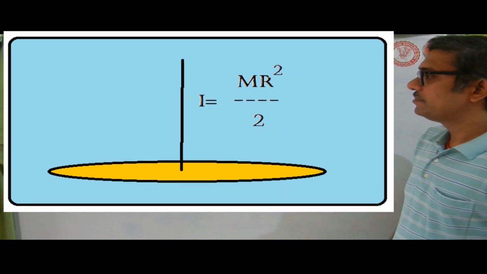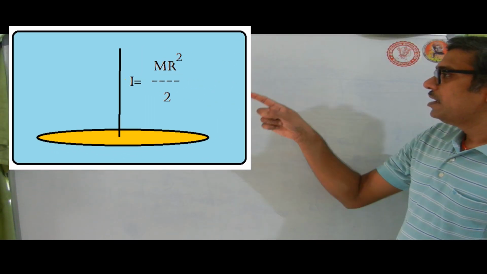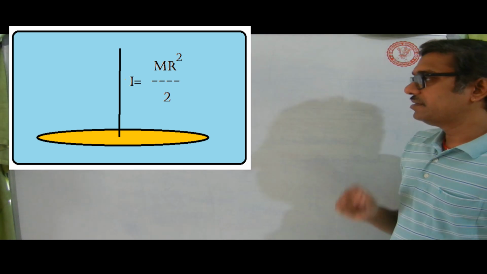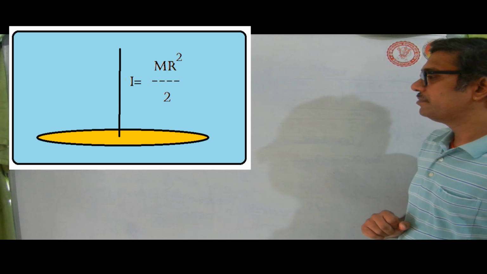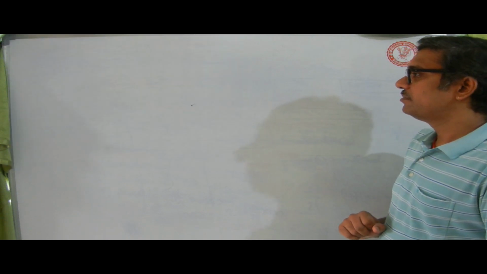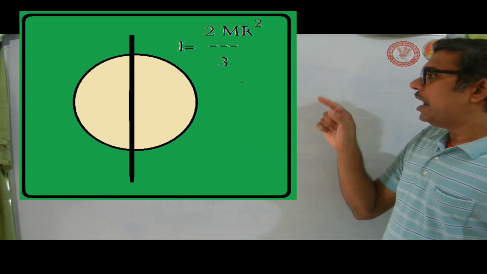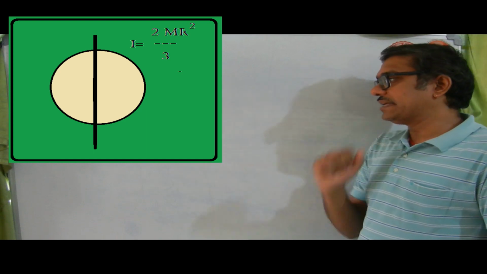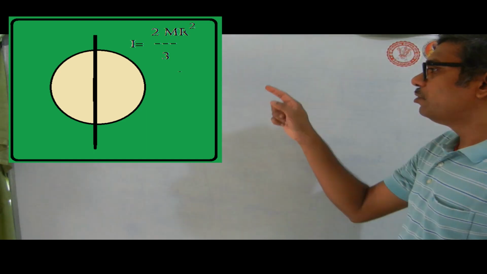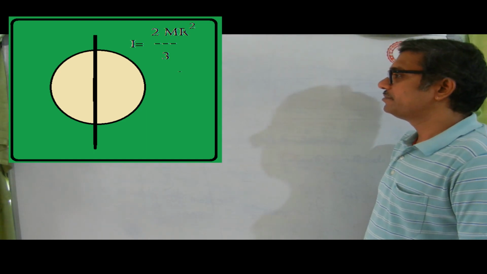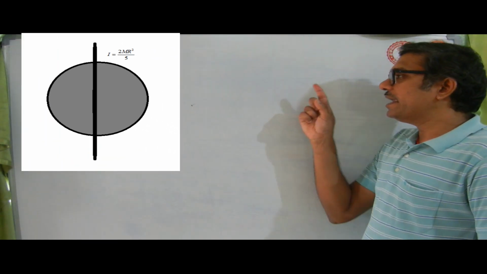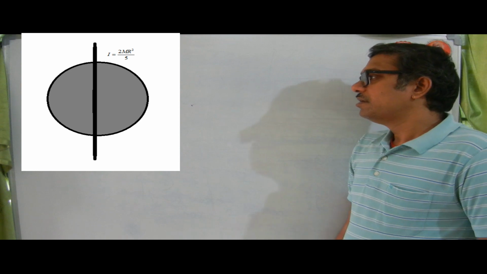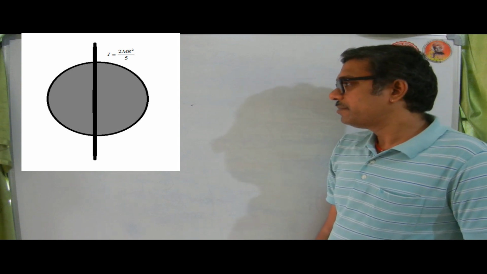Next one is a circular disc about its natural axis, mr square by 2. Next, a hollow sphere about its natural axis, 2 by 3 mr square. And finally, a solid sphere about its natural axis, 2 by 5 mr square.